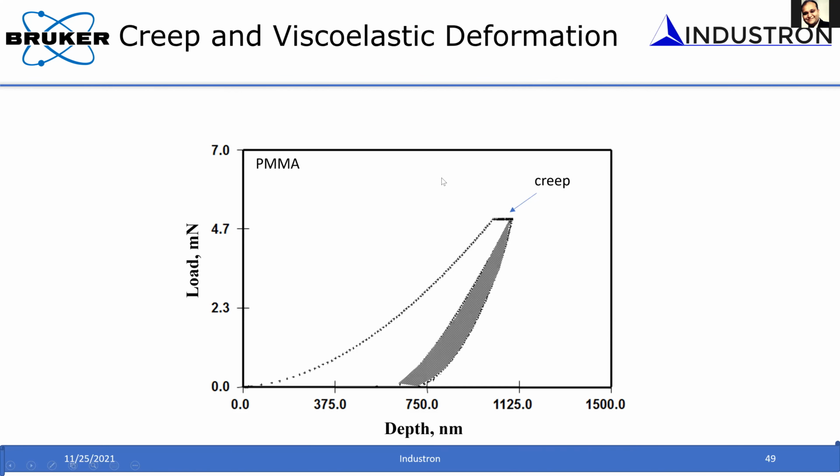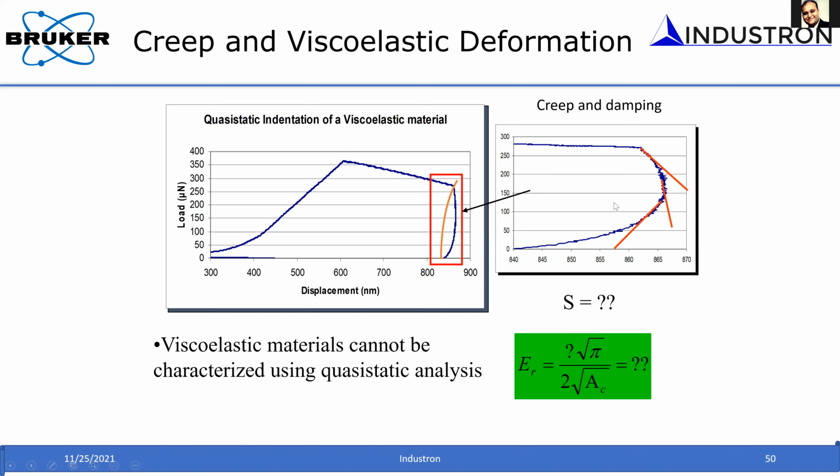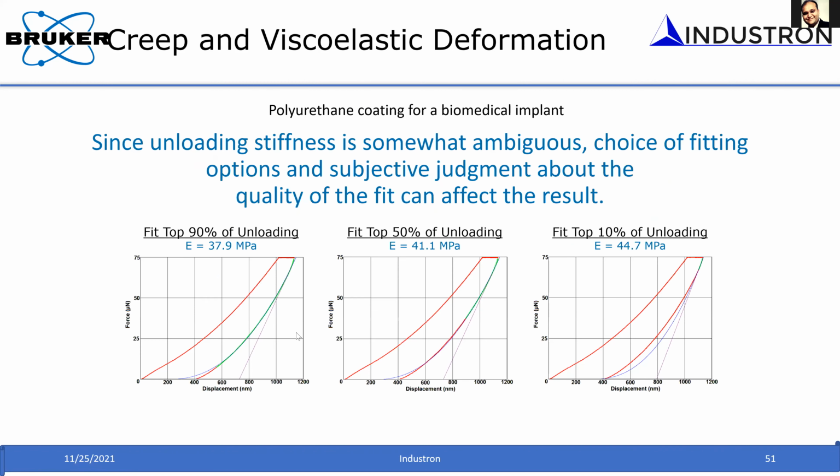When you have creep and a viscoelastic response, you can't fit a slope, and therefore, when you use the standard method to measure the mechanical properties, you will end up in error. Even with materials that are less viscoelastic, you will see this problem. In this particular case, depending upon what percentage of the unloading curve you use to fit the curve, the modulus of the material is different.